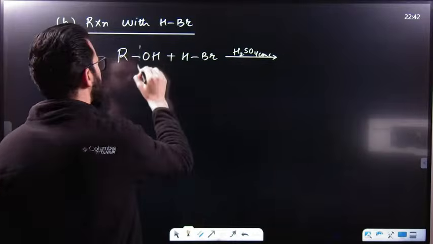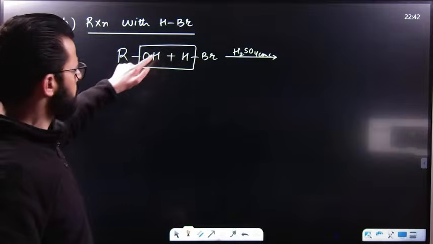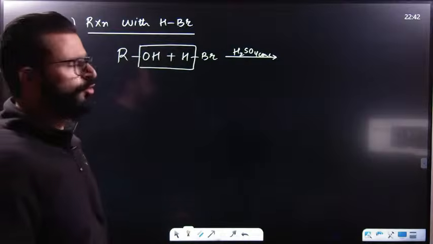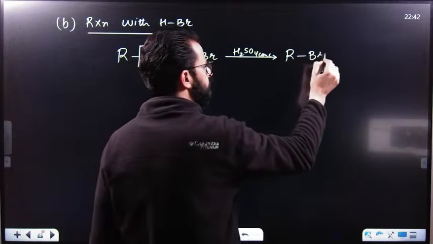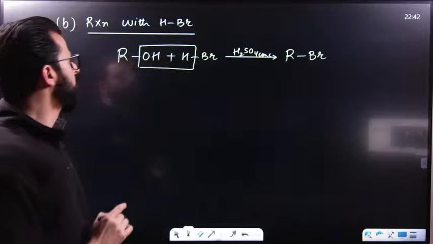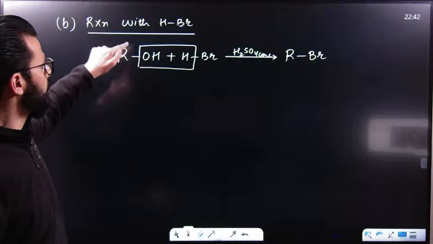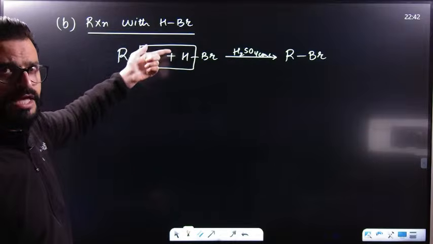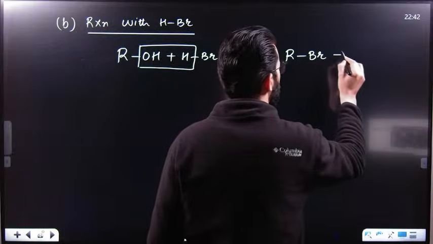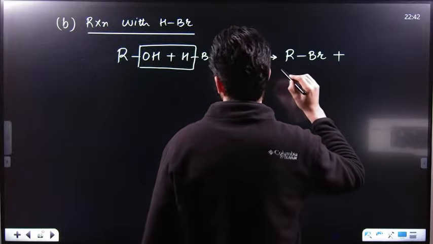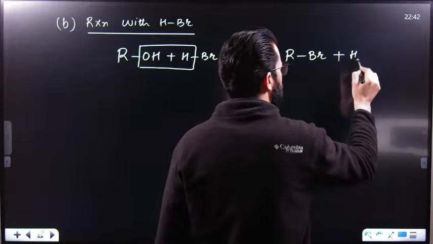Here the OH will attack this H, OH2 positive will be removed, and Br will attack, resulting in the formation of RBr. But remember that if this is a secondary or tertiary alcohol, you first form a carbocation, rearrange it, and after that Br will attack. But with a primary alcohol, you remove OH and simply attach Br in its place. So this will be the reaction.